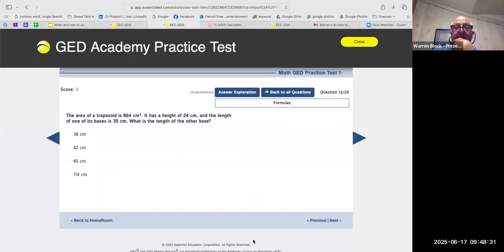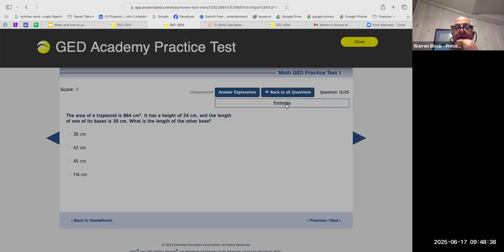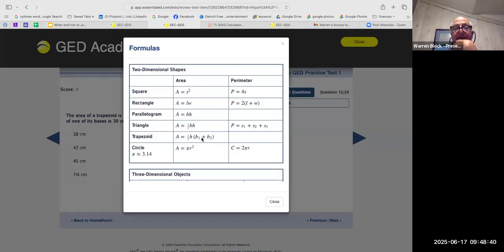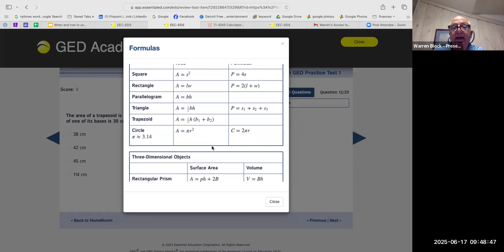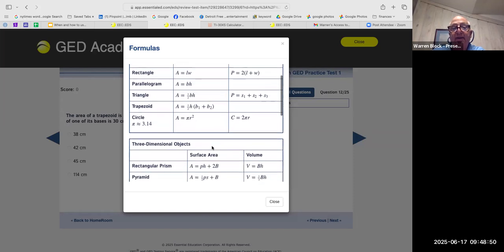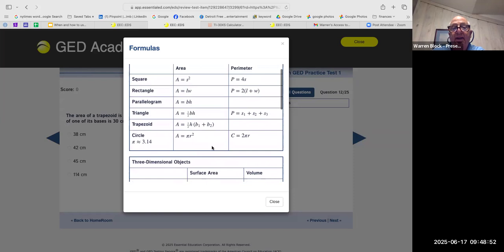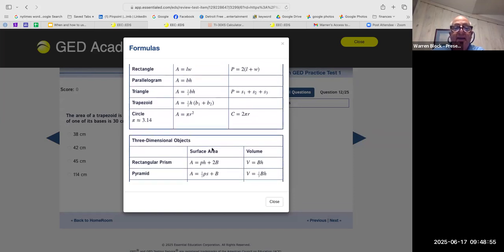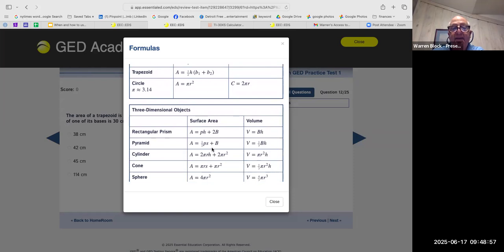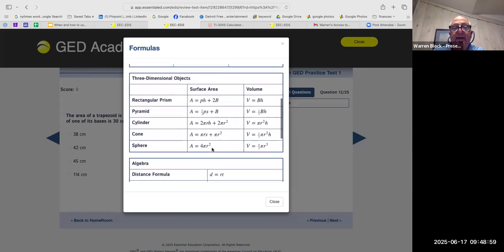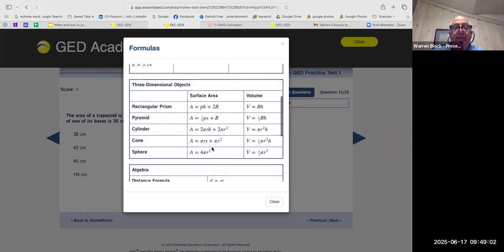So when you get to the actual practice test, you can click on this formula page, and it gives all the formulas that you're going to need on the test. So before you can use the calculator, you have to know the formulas, and these are the ones that they provide. They give you a sheet on the test, but on the practice test, they just have it there at your disposal.